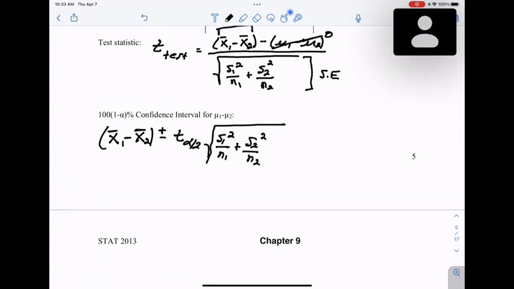Can everyone read what I'm writing? Great. Yes. So you have S1 squared over N1 plus S2 squared over N2. Then I think that's where we stopped.